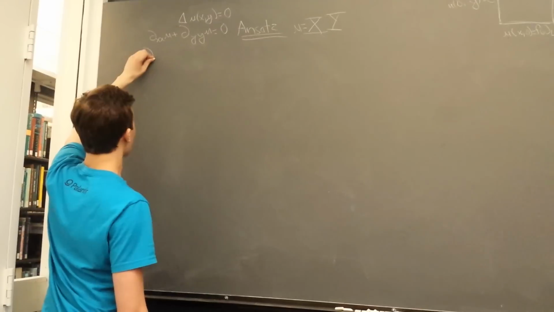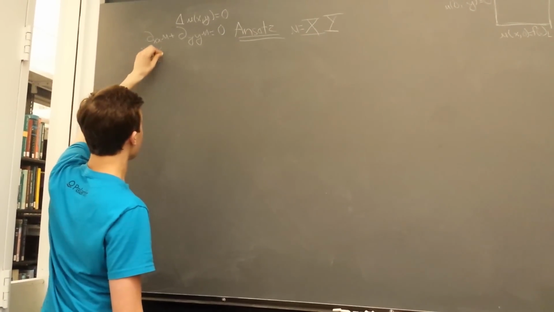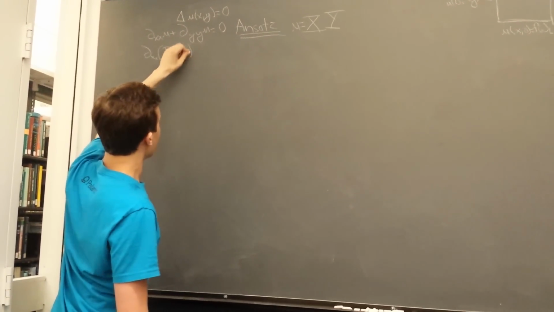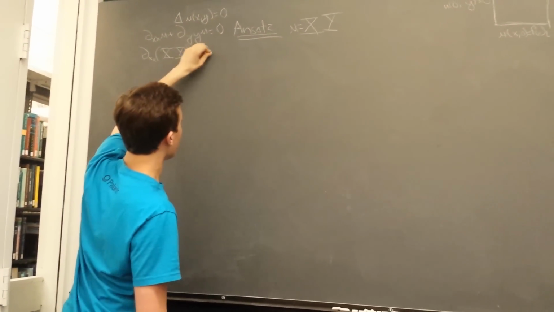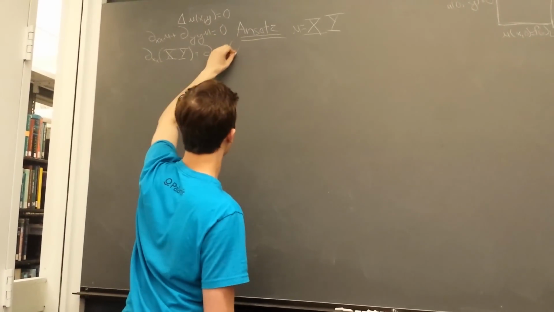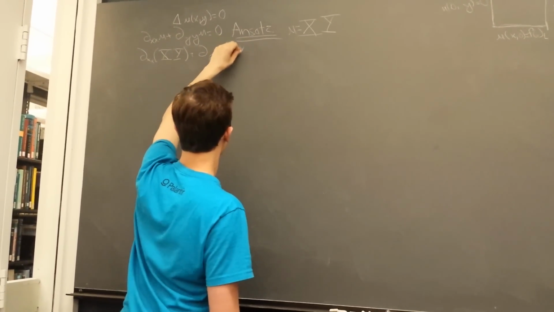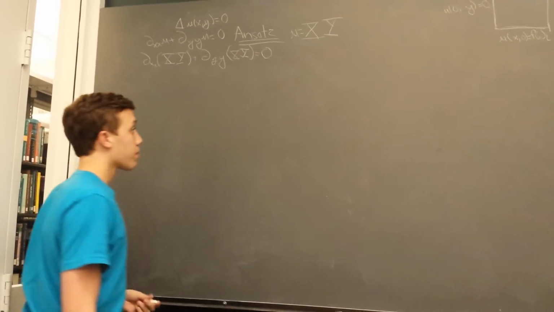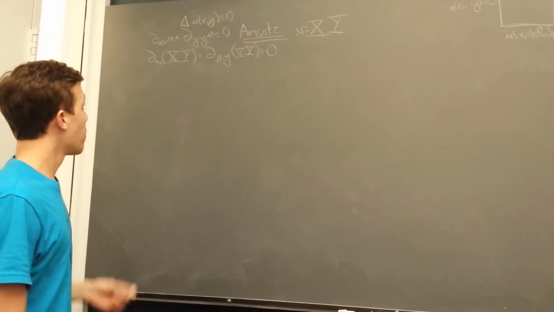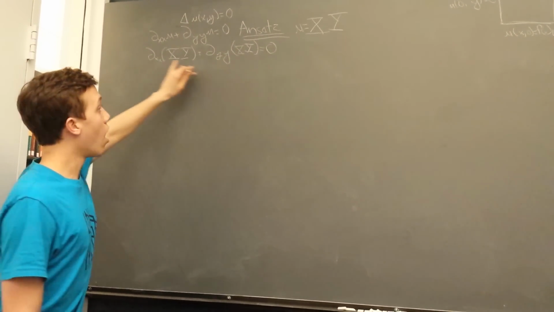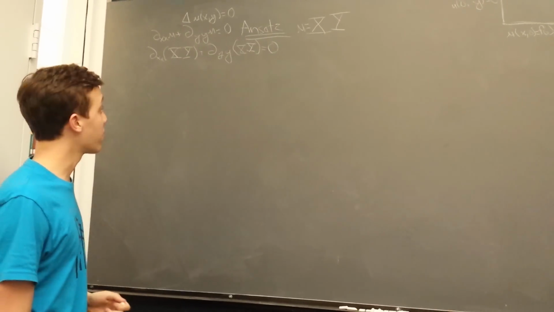So we know the second partial derivative with respect to x of big X, big Y, plus the second partial derivative with respect to y of big X, big Y, is equal to 0. So from here we can differentiate because we've separated our function u into products of x and y.